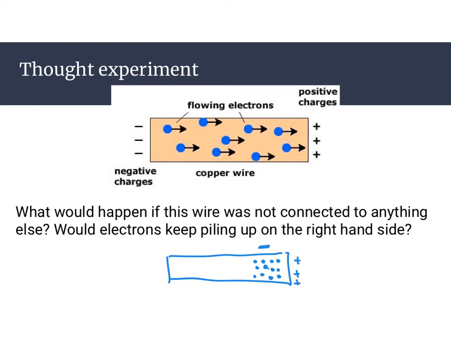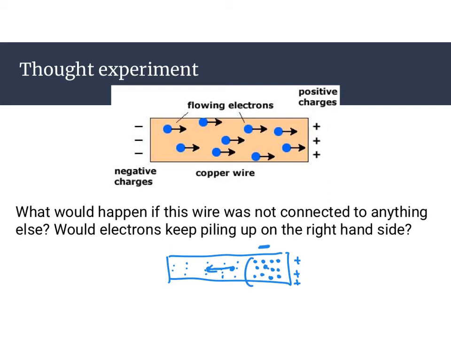These electrons can't go anywhere because the positive charge is outside the conductor. So if I'm an electron here, as I come closer to these electrons as a large charge, I'm going to say, well, no, I don't want to go in that direction. I'm actually going to get repelled in the opposite direction. So the electrons will have an even distribution. Well, not an even distribution, but they will get less and less as they go along, okay?